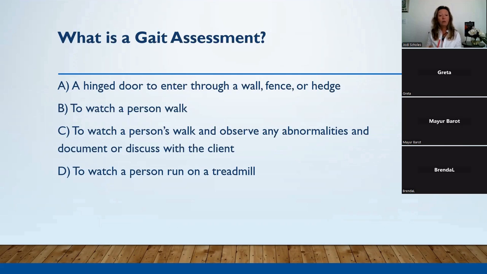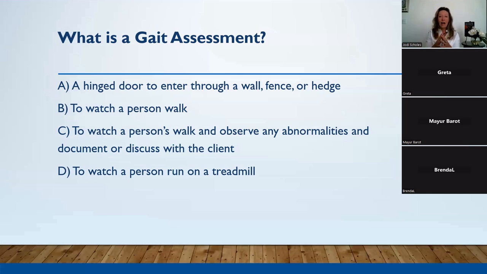C, watch a person walk and observe any abnormalities and document or discuss with the client. D, to watch a person run on a treadmill. Woo, these are good. See how you have to get through all the answers? B, C, and D are kind of the same, aren't they? Or are they?